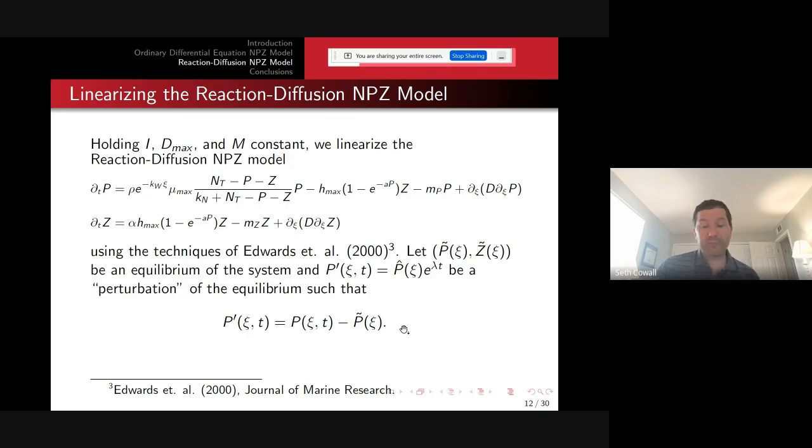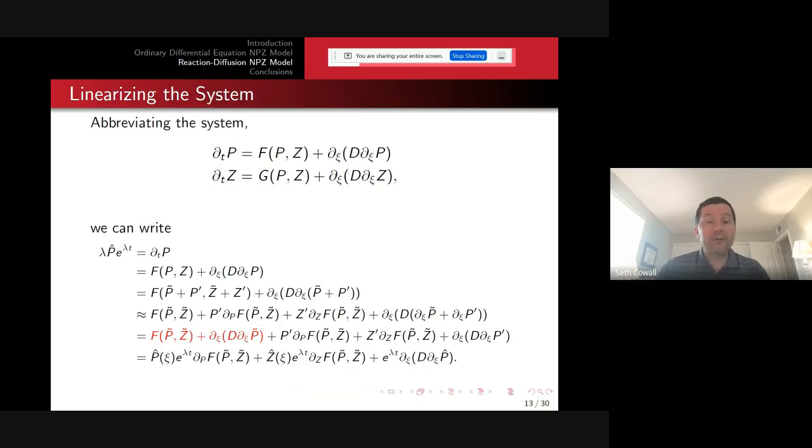Many of you have probably been through this process when you linearize a system of nonlinear ODEs. So this is similar. We abbreviate the system: the time derivative of P equals the diffusion term plus whatever's left, which is an algebraic function of P and Z, and the other equation is pretty much the same thing, except it's the equation for zooplankton.